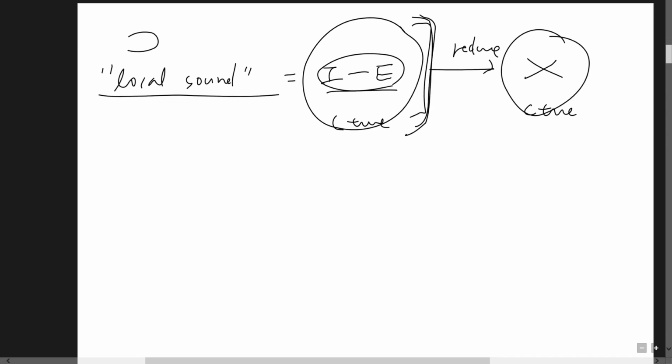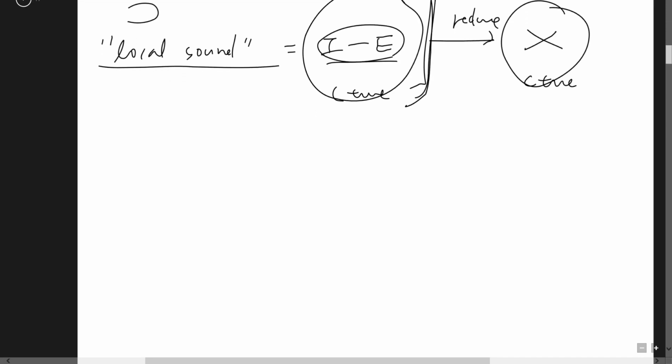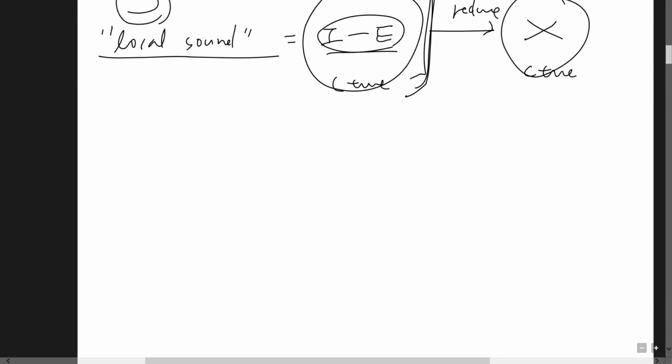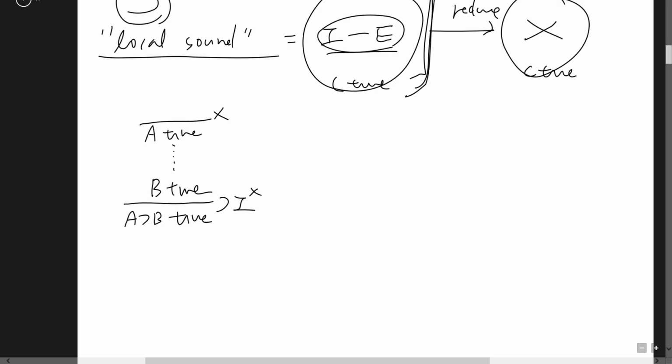So let's look at an example involving this implication. We first have to have this introduction rule, the implication introduction rule. So A implies B true. We introduce the hypothesis A true. Let's just say this is X. And then we use B true. This is the implication introduction rule.